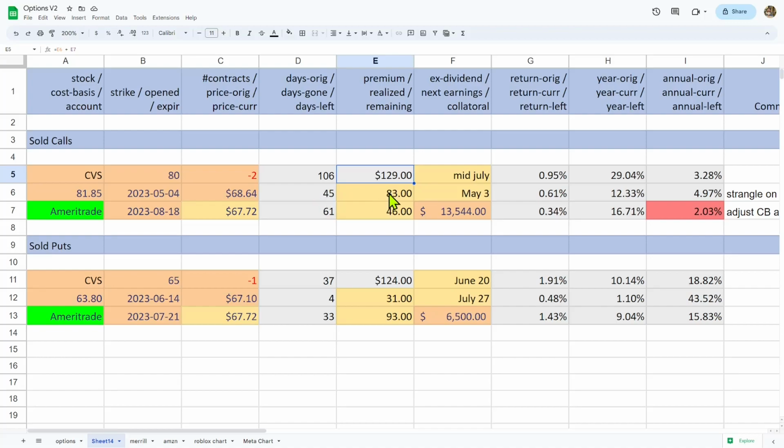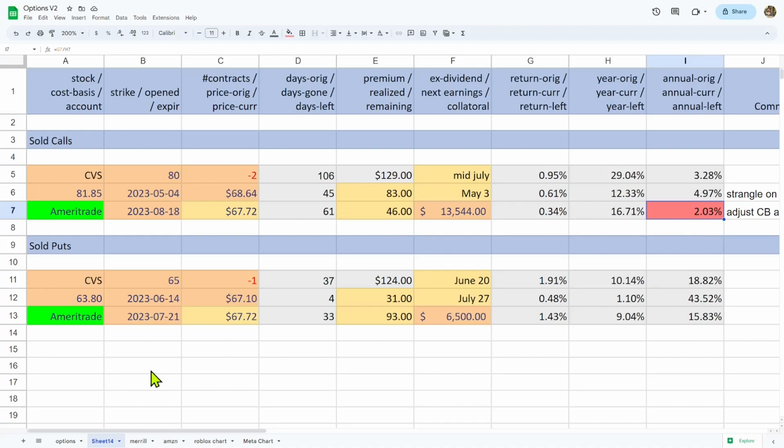After 45 days, I've realized 83 of that 129, and I could still realize another 46. If I realized all the premium, then that's a 3.28% return on the 13.5 collateral. Through 45 days, I've actually made almost 5%. And with 61 days left, I could potentially make another 2% if this goes all the way down to zero, which it probably will.